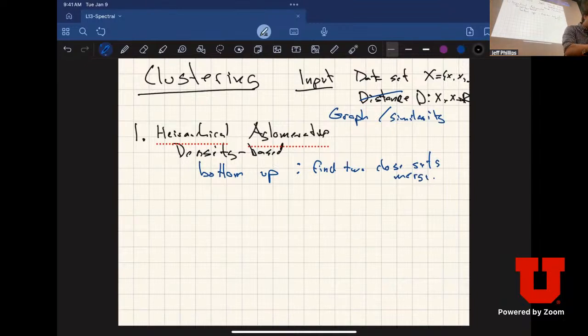The second type we talked about was the assignment based.